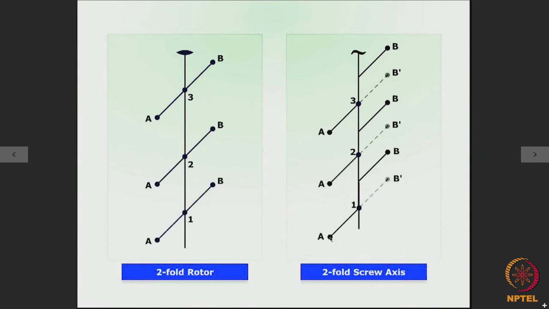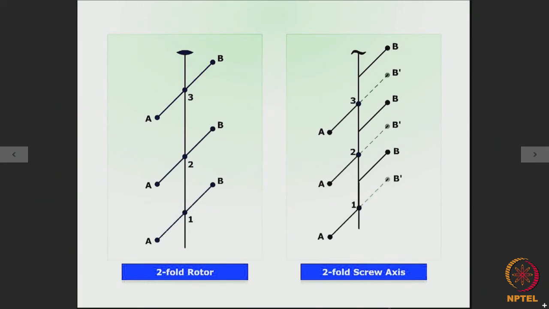So, you see that due to the operation of the two-fold screw axis along this line, a point A attached to the lattice point 1 will produce the point B over here. Similarly, a point A attached to the lattice point 2 will produce a point over here, and a point A attached to the lattice point 3 will produce the next point over here.